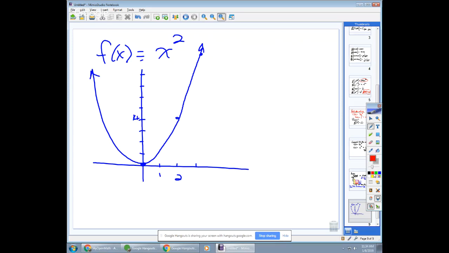Suppose I wanted to find the area up to where this function gets to 3. So I want to figure out what is this area right here. It's almost a triangle, but that curved side is a problem.